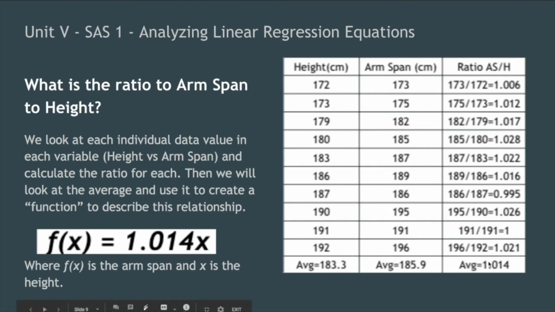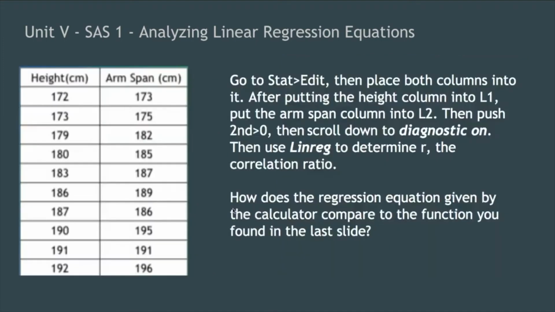And the average is about 1.014. So the function would be that average ratio, we can call it a common ratio, multiplied by x. So if x is the height, we multiply x by 1.014, and on average we'll get the arm span.